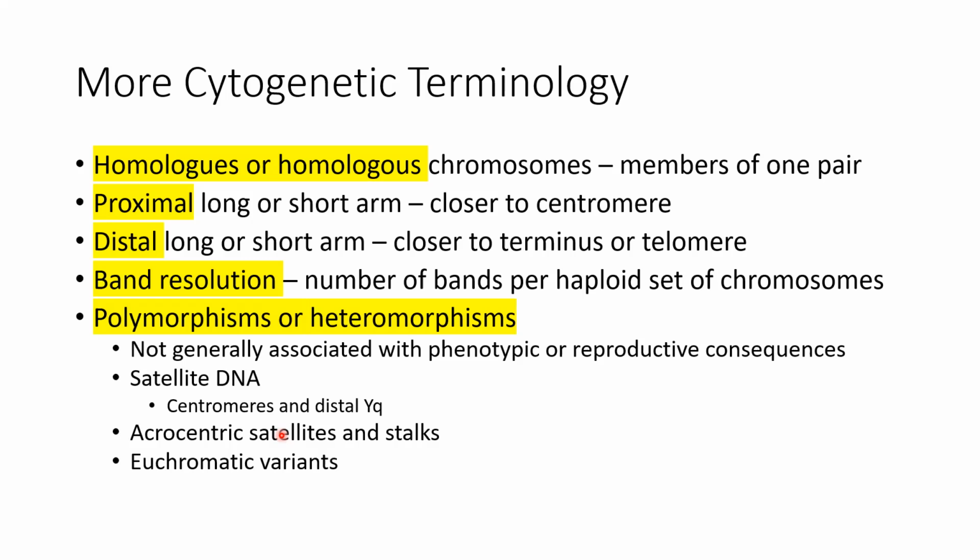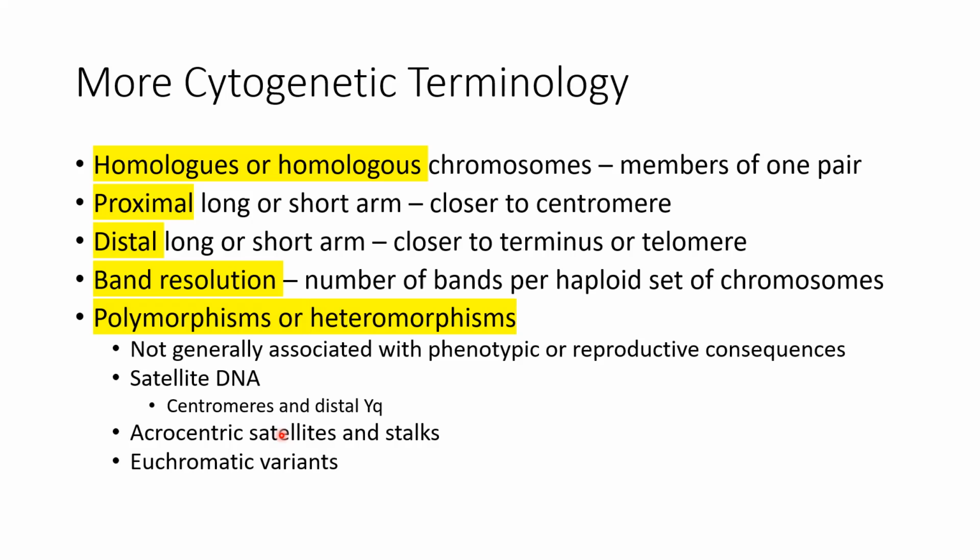So they're members of one pair all the way through. Band resolution, we'll talk a lot about that in a bit, but that's a number of bands per haploid set of chromosomes. So when we're looking at a cell of a normal male or female, we've got 46 chromosomes. The band resolution is based on a haploid set, so on 23 of those chromosomes.